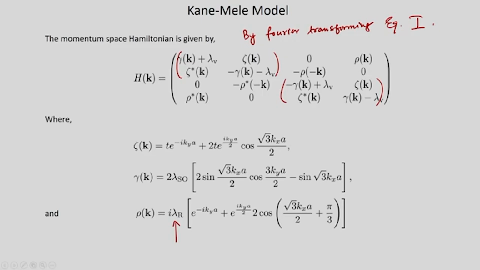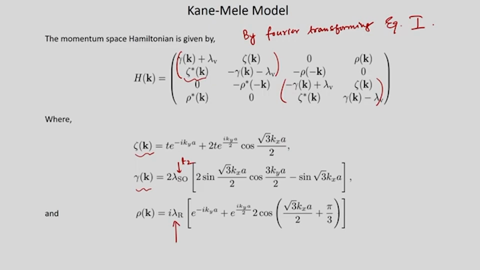Okay, and the various other things which are written here, which is xi k, and that thing that is coming out here, and the gamma k is also there, which are part of nothing but the T2, the Haldane term. So it's a spinful Haldane term here, and the kinetic energy term which is there in graphene is the tight binding kinetic energy that is given by the xi k, gamma k and rho k, and this is the 4 by 4 Hamiltonian.